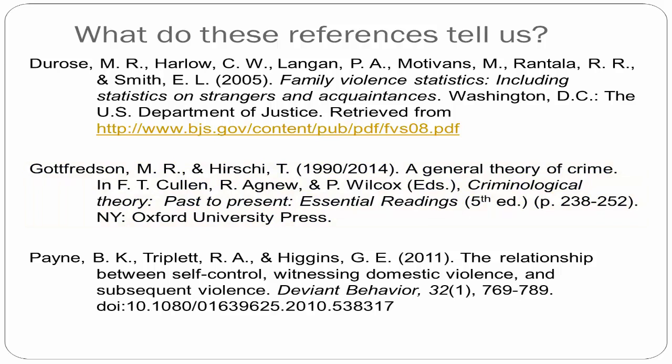The last reference here shows us that we have a journal article. These are the authors. It was published in 2011. This is the title. These are the pages. But it also tells me which volume of the journal this is in. So Deviant Behavior, apparently, as of 2011, had 32 different volumes.